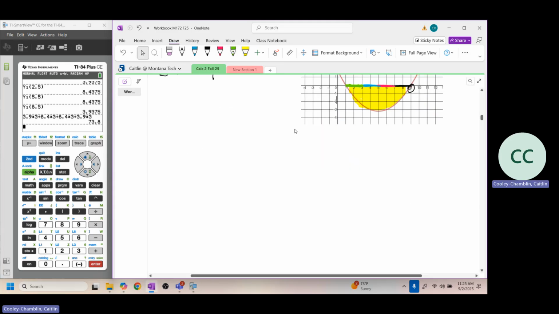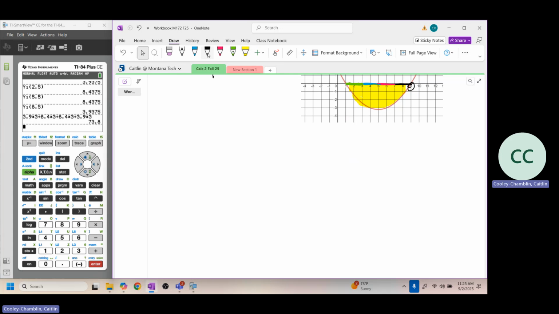So my first rectangle that I'm going to look at is my function at 9. And the height of this is just 0. So I'm just going to leave my straight little line here.